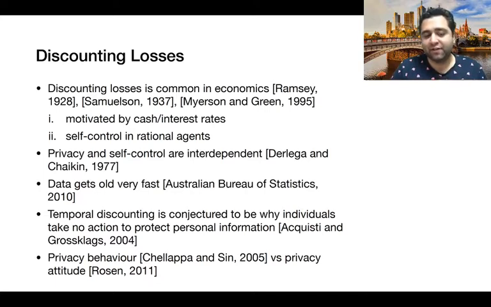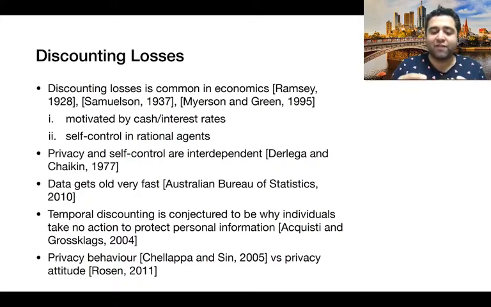Temporal discounting is interestingly conjectured to be a reason why individuals don't do much when it comes to protecting their private information. Now, to understand this, we have to separate the concept of privacy attitude and privacy behavior. Privacy behavior is what we actually do when it comes to protecting our private information, while privacy attitude is what we think we should do or other people should do when it comes to private data.